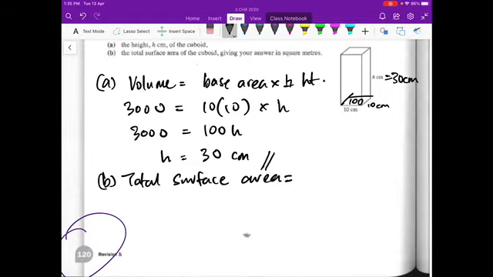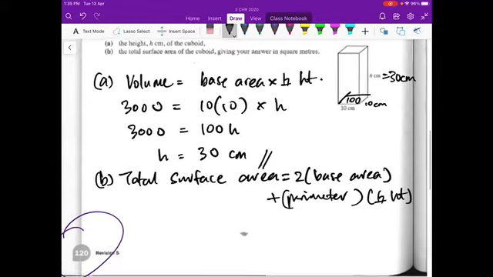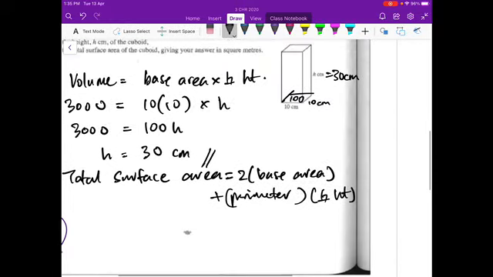Total surface area. Now we can use it again: two base areas plus perimeter times perpendicular height. So the base area is 10 times 10.